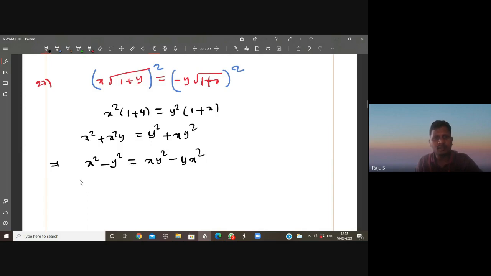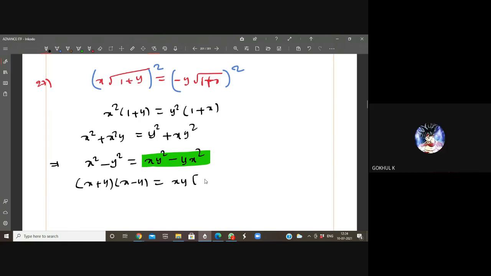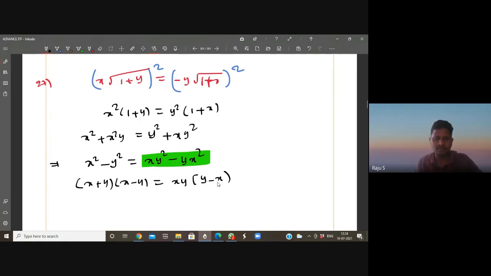Here, a square minus b square formula: a plus b into a minus b. What is common in both? xy, I think. Yes, sir. y minus x is there. Also, if we take minus common, minus of xy, x minus y will be there. Shall I cancel these two?